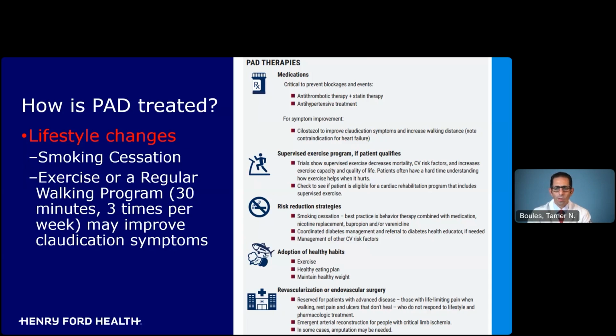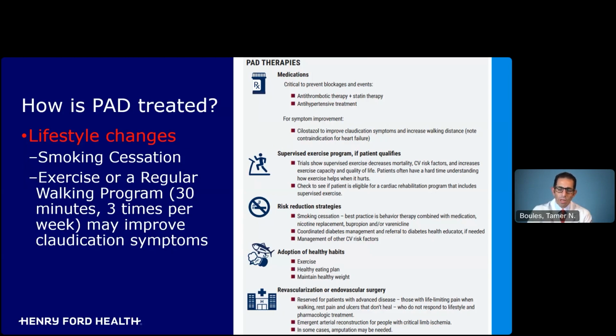There's one in particular that's noted on this slide right here called Cilostazol. The brand name is Pletal. For some people, that helps to improve their walking distance or reduce the intensity of their symptoms, and we use it in some patients with a supervised exercise regimen.